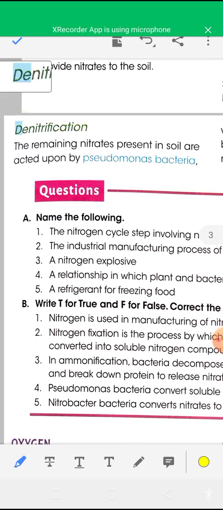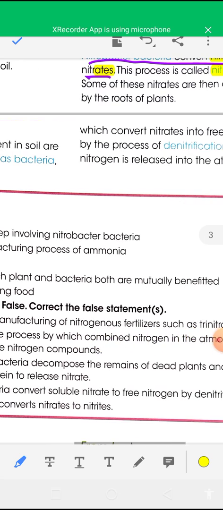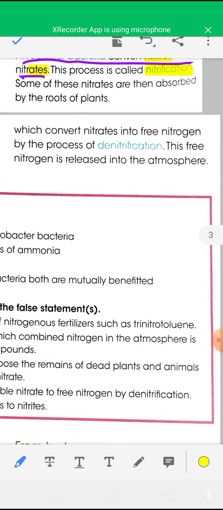Next term is denitrification. The remaining nitrates present in the soil are acted upon by Pseudomonas bacteria, which convert nitrate into free nitrogen, and this process is called denitrification.